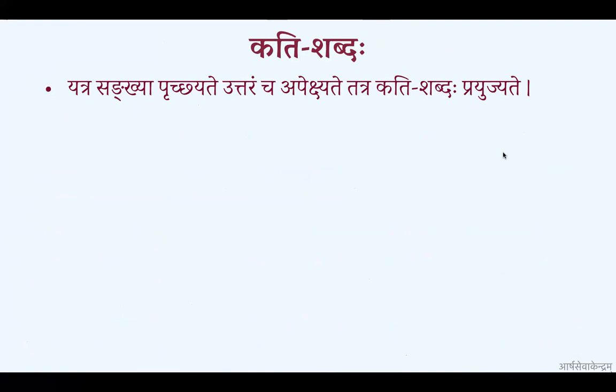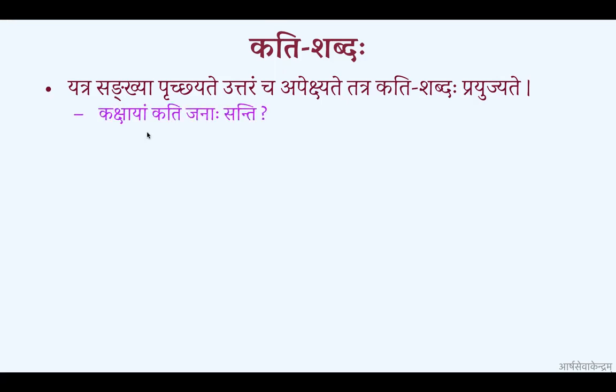So wherever we want to ask how many, where we expect an answer in number and the answer is also given as a number, then we use kati. Related or equivalent to kati, there is one more word called kiyat, which we will look at next.